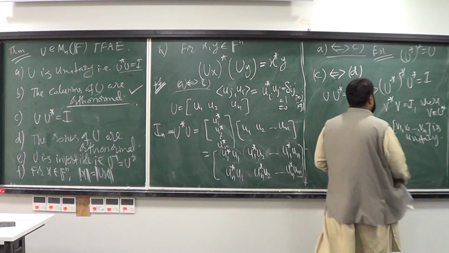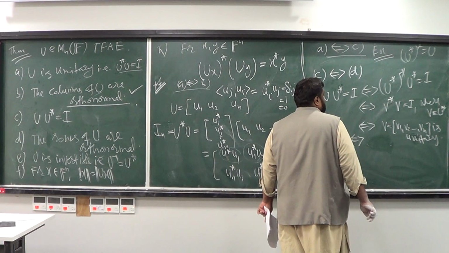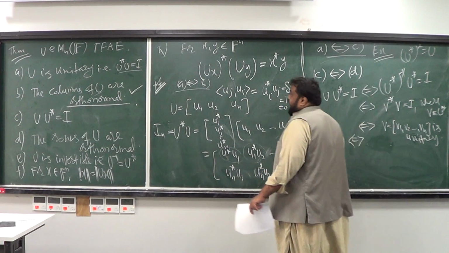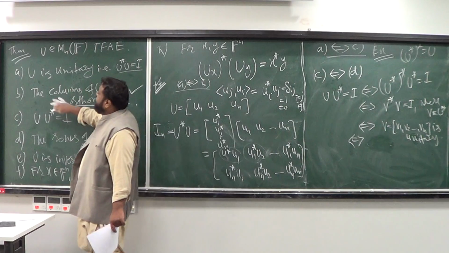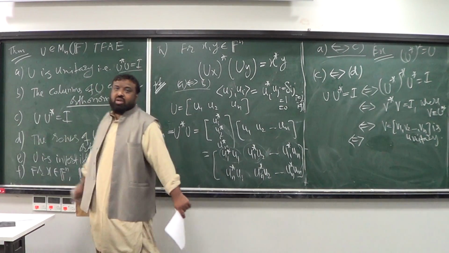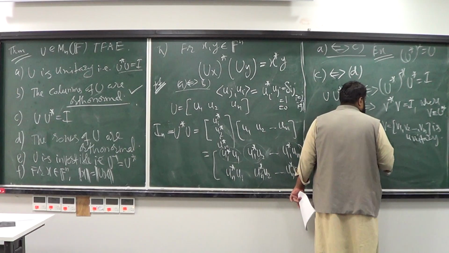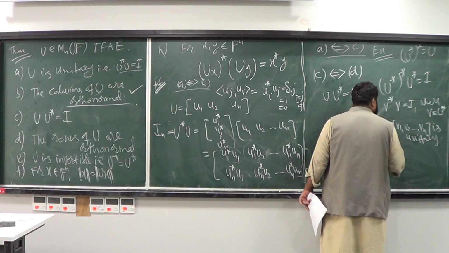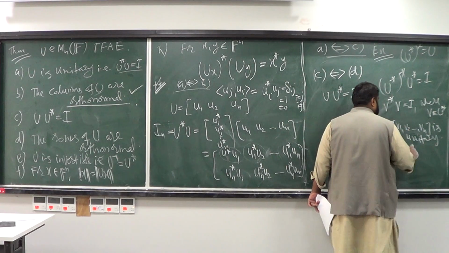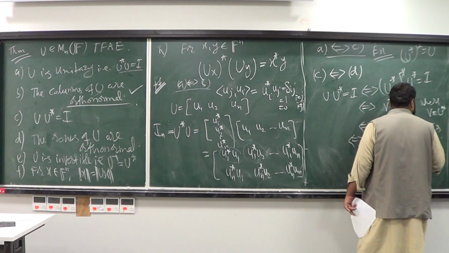It's not difficult. Now if V is unitary, that means the columns of V are orthonormal.